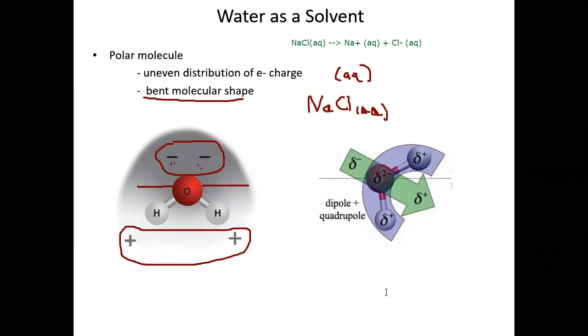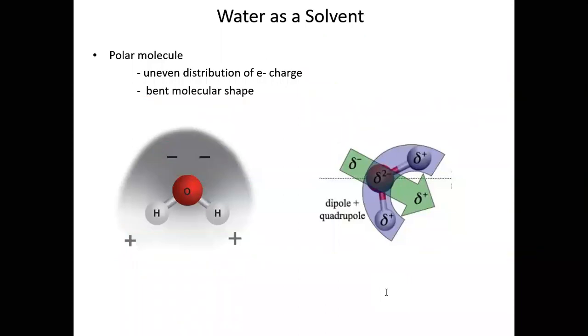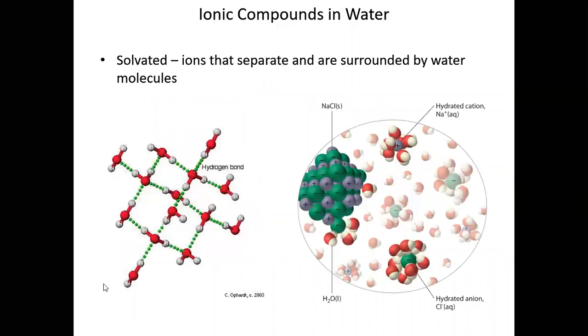Now, when you dissolve different compounds in water, you get different results. And when you put a compound in water, what happens is that the water, which generally has an attraction between itself, so the positive of one water molecule is attracted to the negative end of another water molecule.